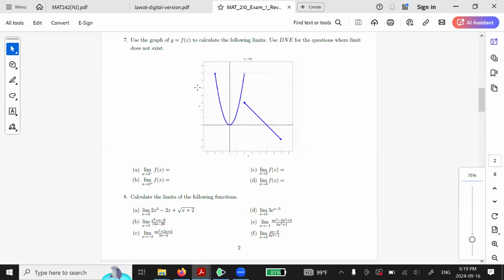How many of you remember the limit concept? When I say limit x approaching 2 from the negative side, what happens? Let's annotate on the screen. I hope you're taking notes. So for number 2, I go to the 2 value on the graph.